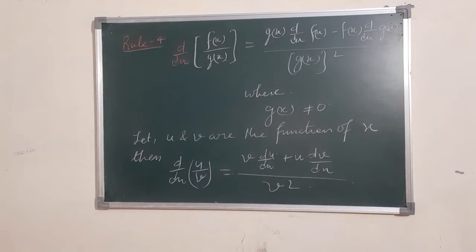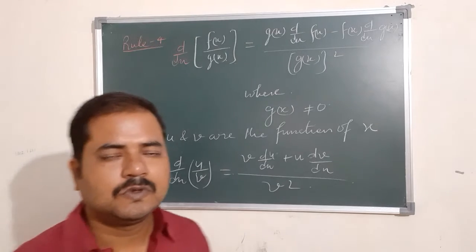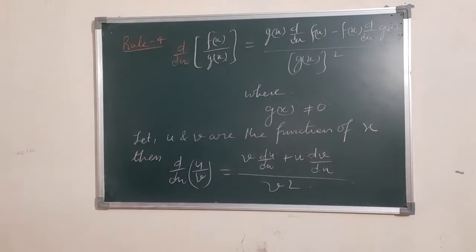So please note it down. Okay. So this is the quotient rule. Now one last rule is the chain rule.